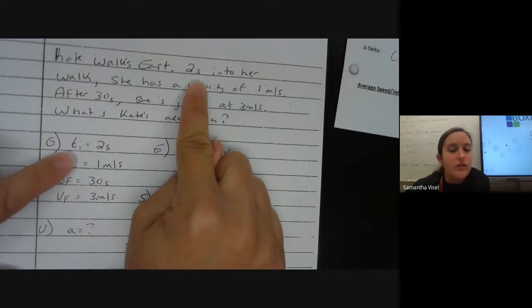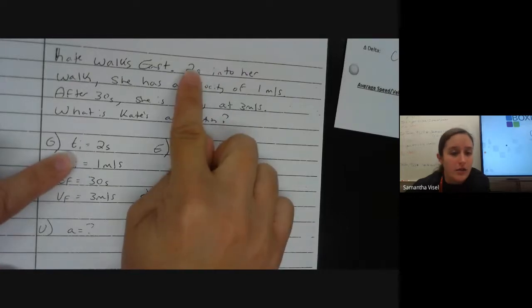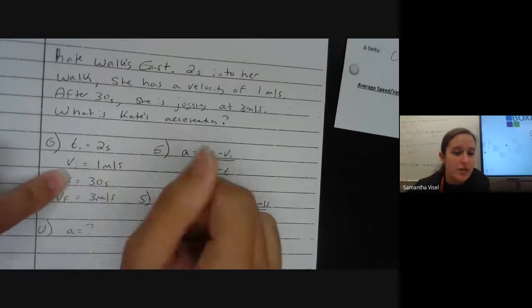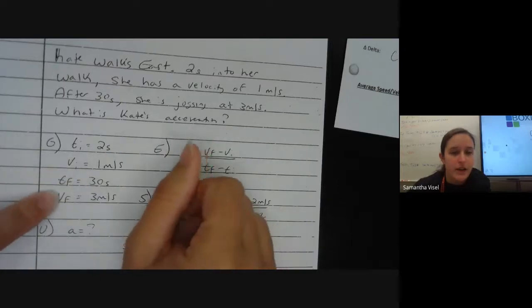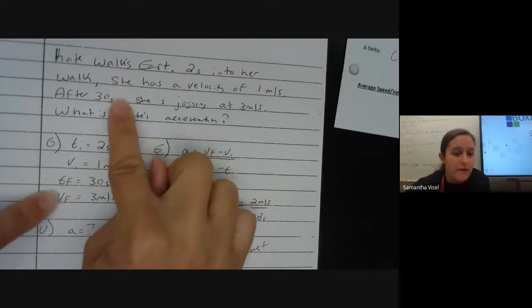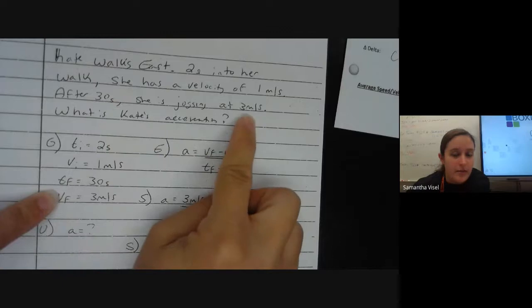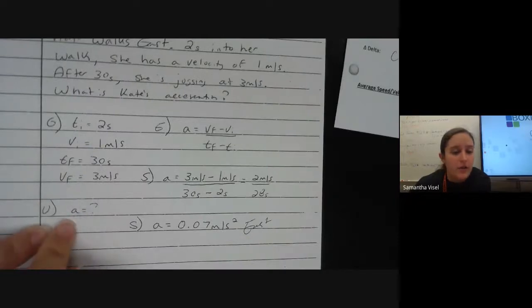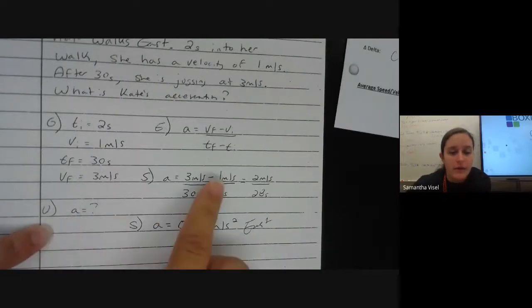Whatever velocity goes with that 2 is the initial velocity. So at 2 seconds, the velocity is 1 meter per second, and I have that v with the subscript i to show initial. 30 seconds would be my final time, and at that point her velocity was 3 meters per second. My unknown is a. My formula is final velocity minus initial over final time minus initial.